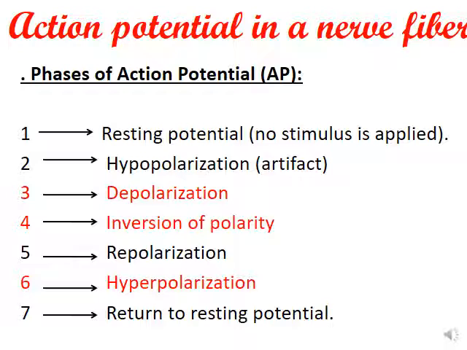Number 3, depolarization. Number 4, the inversion of polarity. Number 5, repolarization, going back to the negative. Number 6, hyperpolarization, increase in the negativity to a higher value than the one recorded in the resting potential, which is minus 70. And number 7 is returning back to the resting state.